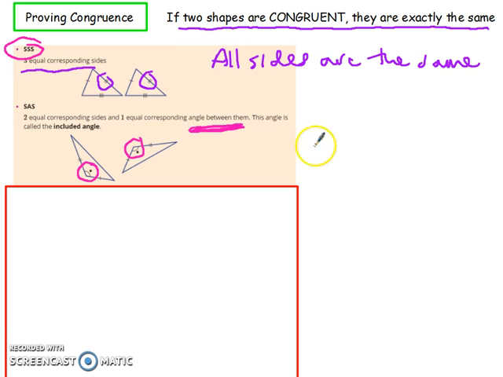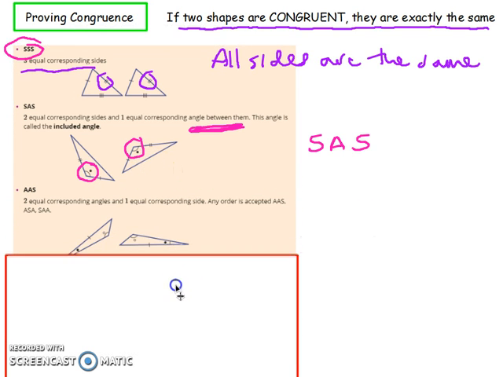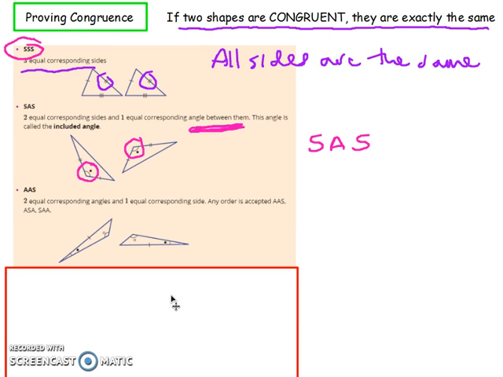In this case, we know a side, we know another side, and we know the angle between them are the same, and therefore we can say that our two triangles are congruent, even though we don't know anything about this third side.